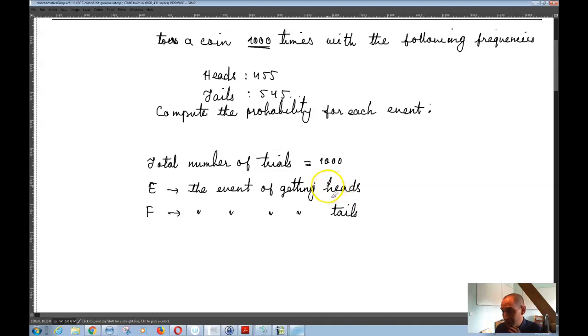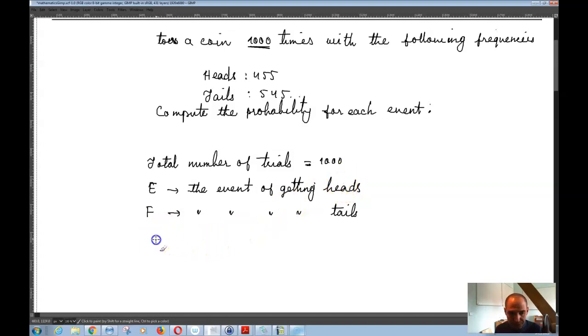Then the number of times E happens, that is the number of times a head comes up, is 455, which is the number of times E happens, where E was the event of getting heads.